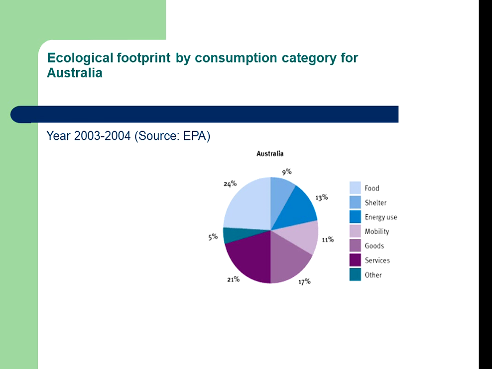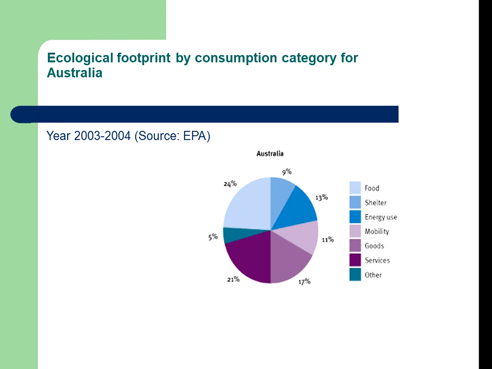Ecological footprint by consumption category in this chart. According to Global Footprint Network statistical sources in Australia, we are consuming more than 3 times our fair share of the planet's natural resources. On a global scale, Australia has one of the largest environmental footprints per capita in the world, requiring 6.25 global hectares per person.